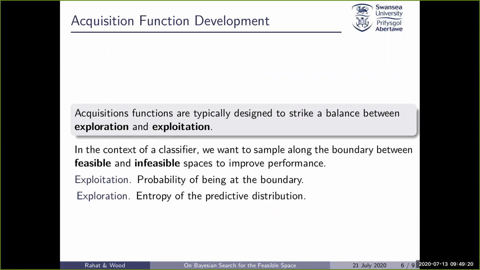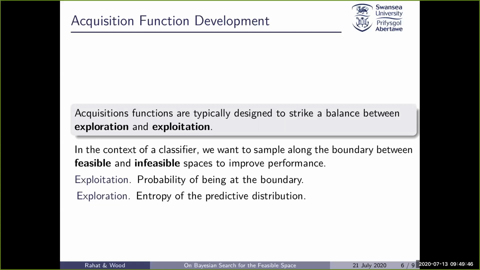When we are designing an acquisition function, we typically try to strike a balance between exploration and exploitation. In the context of a classifier, what we really want is to identify solutions along the boundary of feasible and infeasible spaces. So exploitation in this context is essentially: wherever the probability of being at the boundary is high, we should sample there.